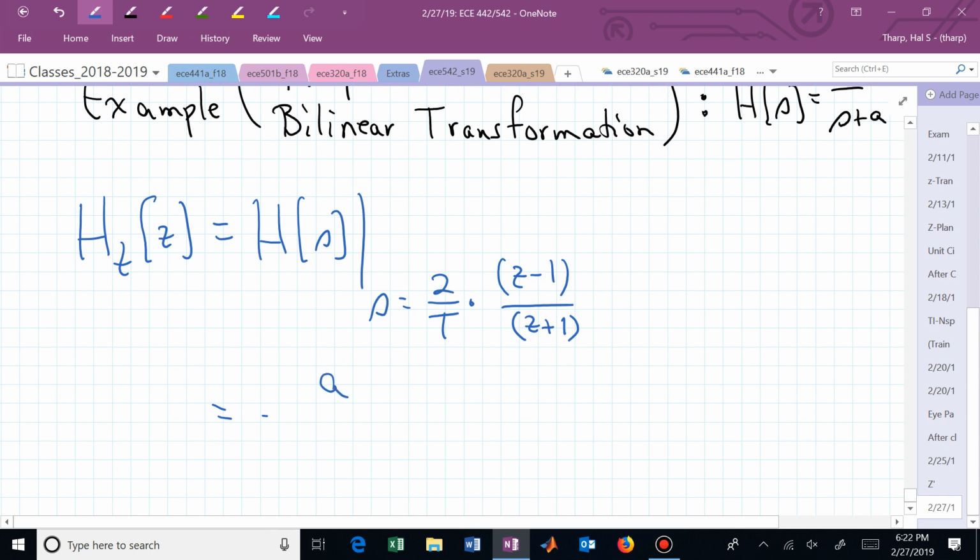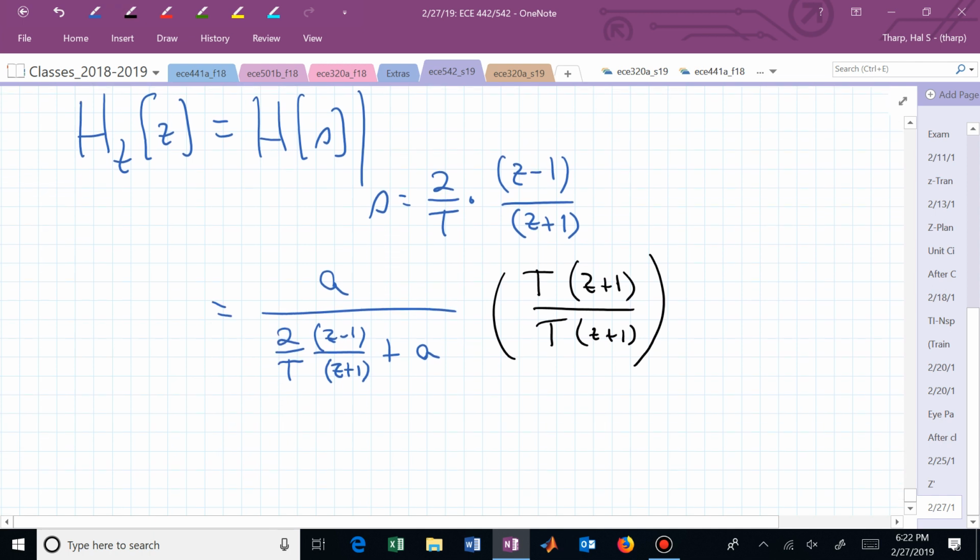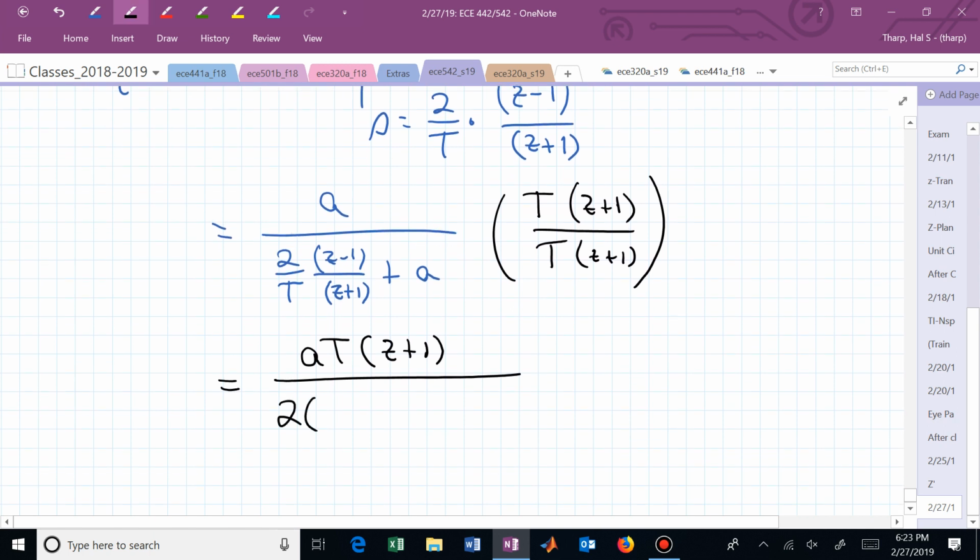Or I now have A over 2 over T z minus 1 over z plus 1 plus A. Let's get really creative with our 1. Let's say that that's T z plus 1 over T z plus 1 to give us a ratio of polynomials in z, so that we now have A T z plus 1 in the numerator, and we have 2 times z minus 1 plus A T z plus 1.